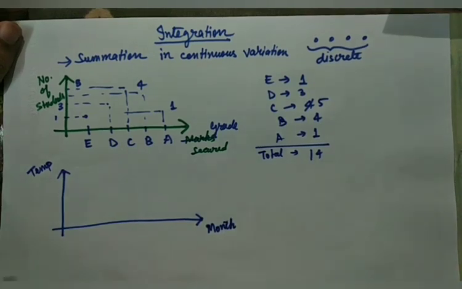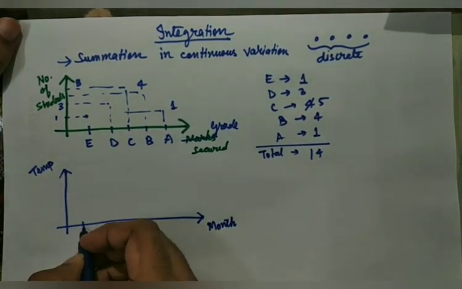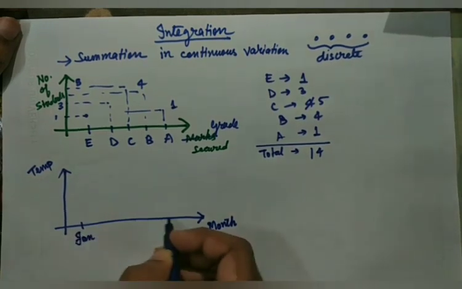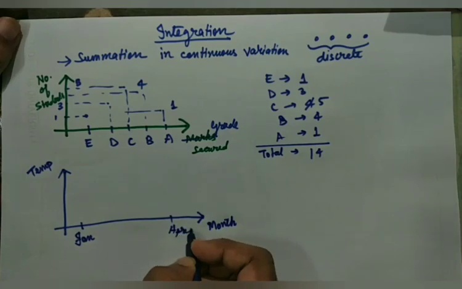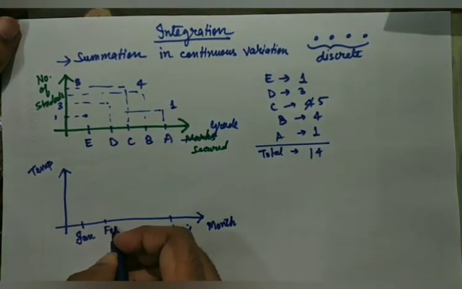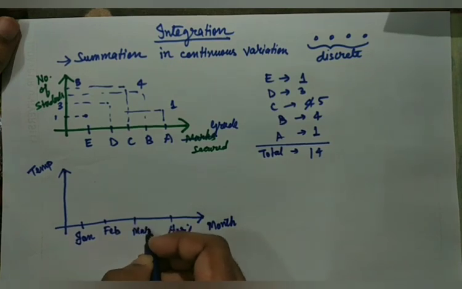I am considering the variation of temperature between January to April. That means basically from winter to summer: January, February, March, April.